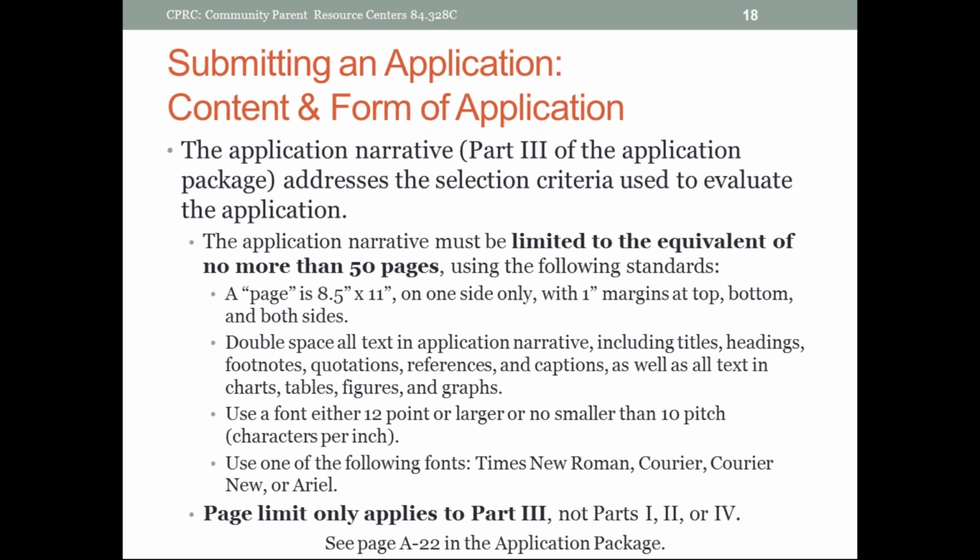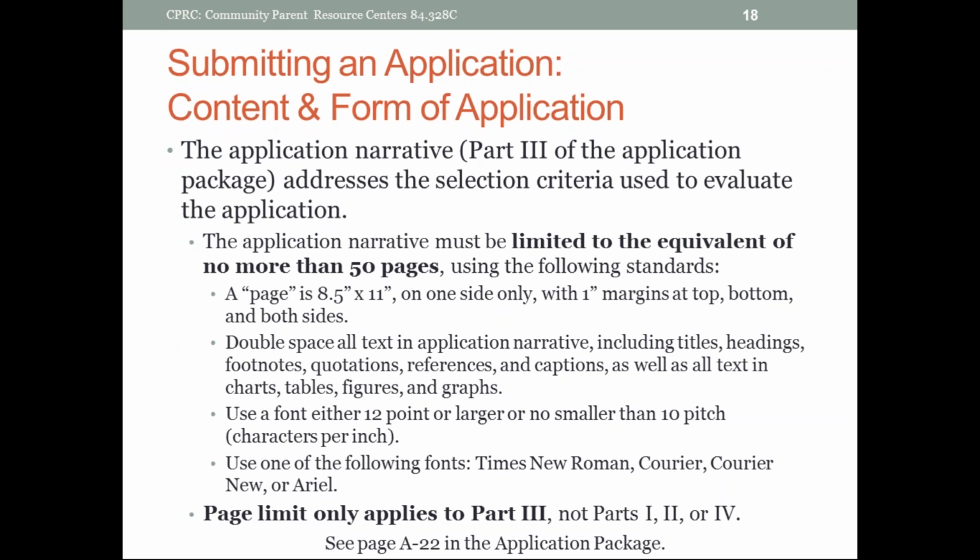So when you're submitting the application, there are different parts of it. Part 3 is called the application narrative, and that's the part where you talk about addressing the selection criteria used to evaluate the application. This is where you talk about what you're doing, why you're doing it, and how you'll do it. You are limited to no more than 50 pages in the application narrative. A page is defined as 8.5 by 11 on one side only, with 1-inch margins at top, bottom, and both sides.